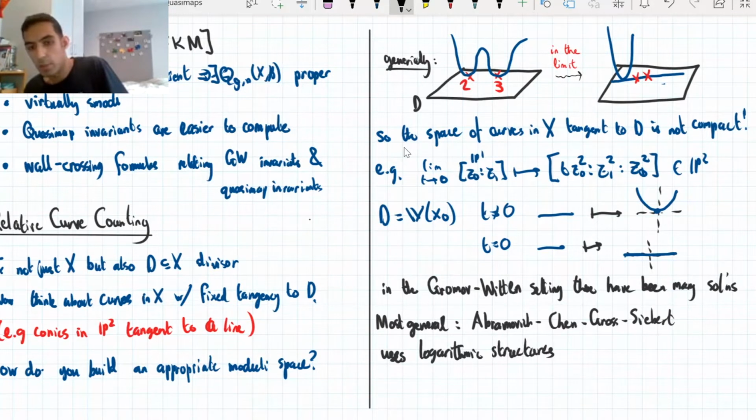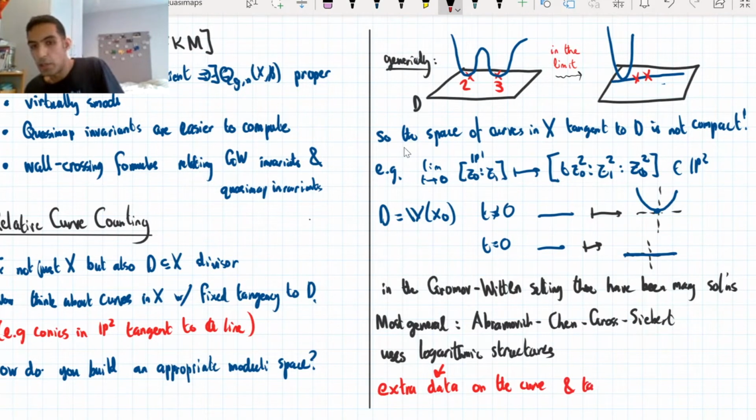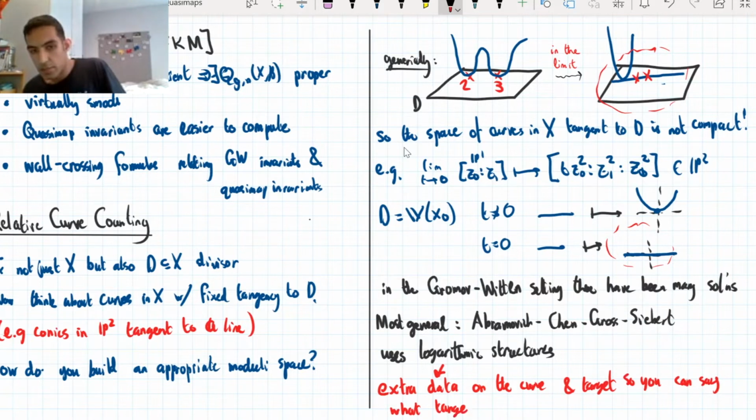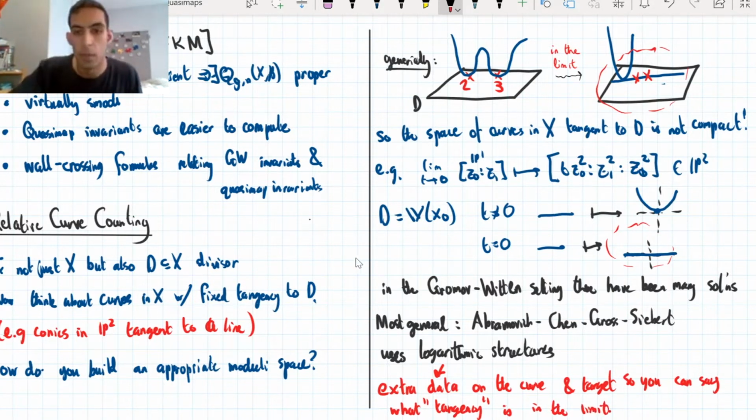It's okay, it's not important what this is. It's just extra data on the curve and the target, just so that I can say what tangency means, even in this situation or this situation. So you can say what tangency is in the limit. Okay.